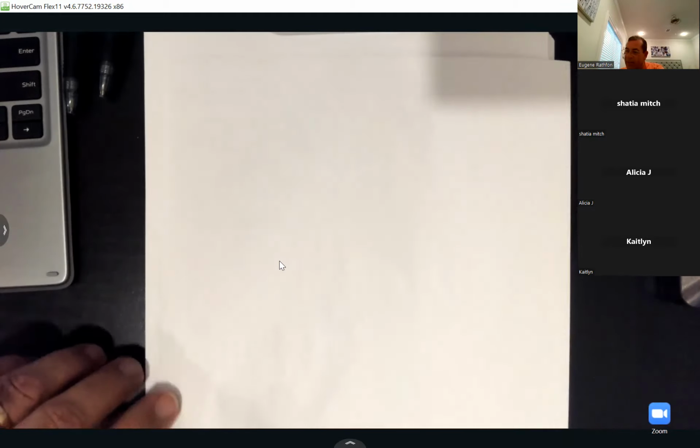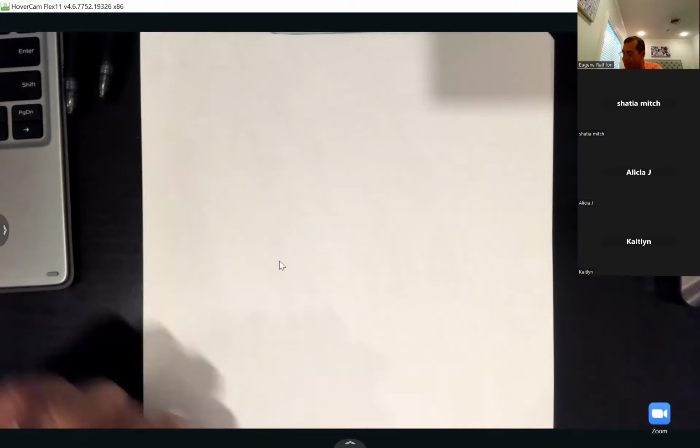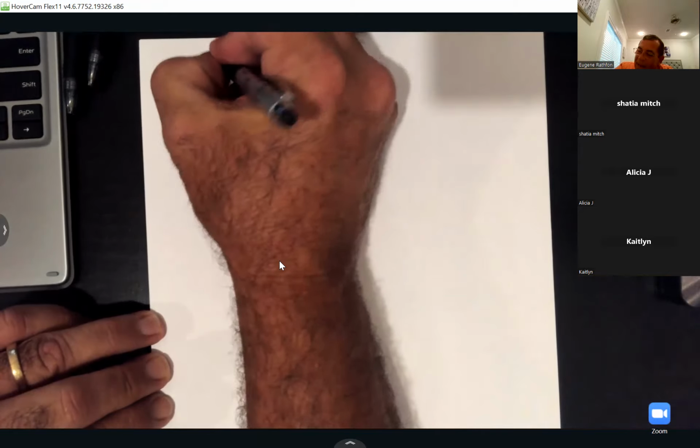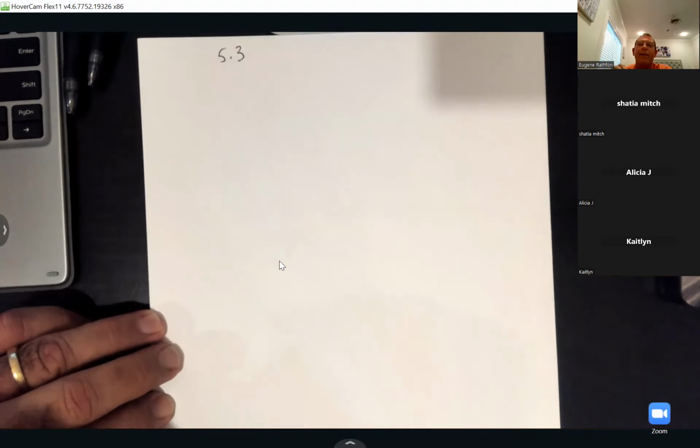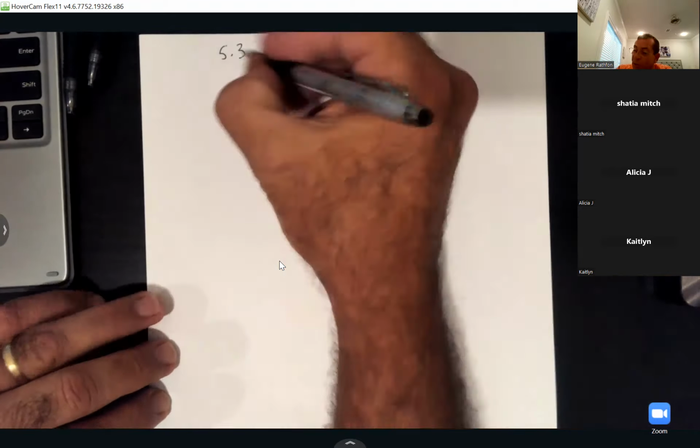All righty, so let me get my paper fixed. You know the last section is going to be division. 5.3, dividing rational expressions.